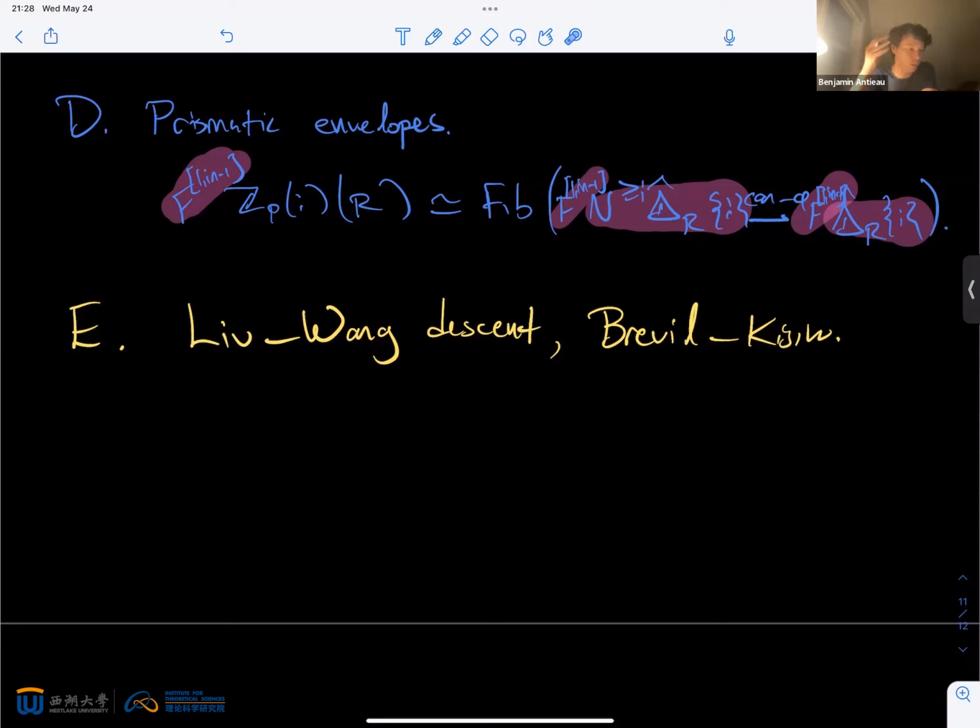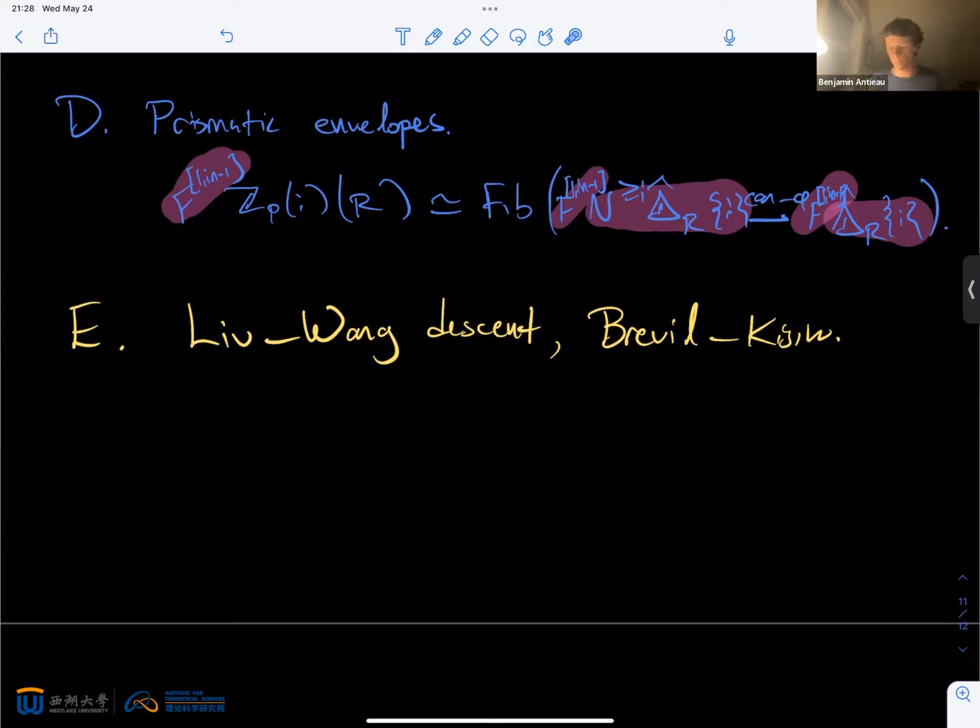So there's an idea which has its origin really in this paper of Liu and Wang on topological cyclic homology of local fields, and also in work of my co-authors Achim Krause and Thomas Nikolaus from a slightly different perspective.